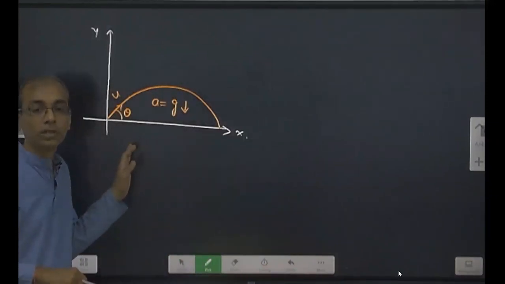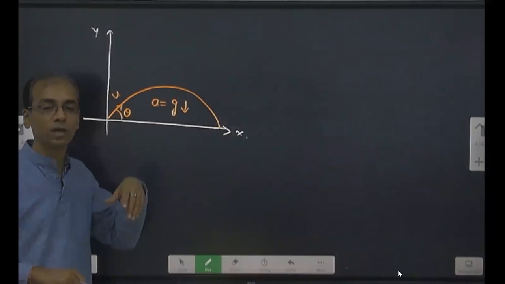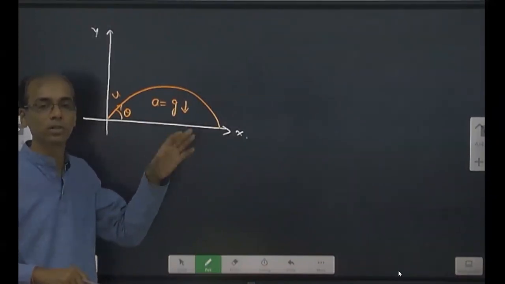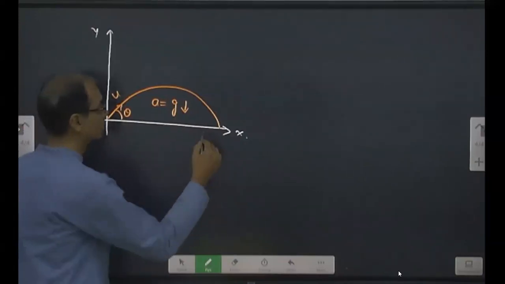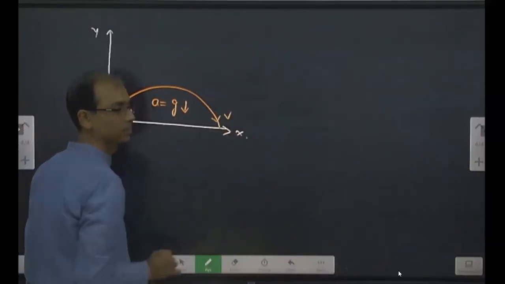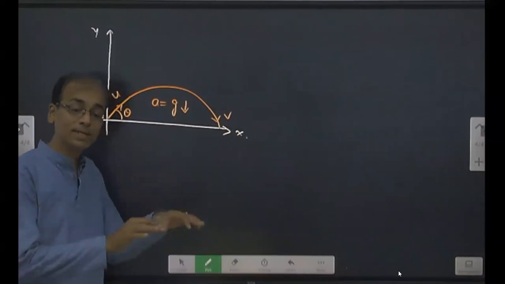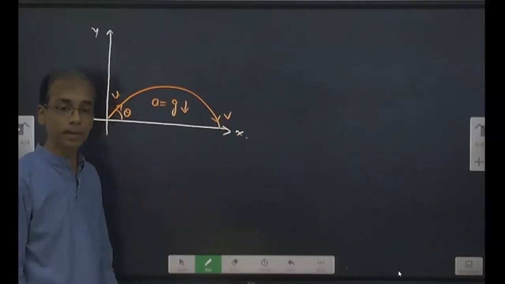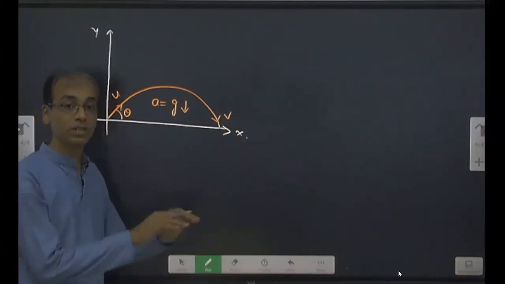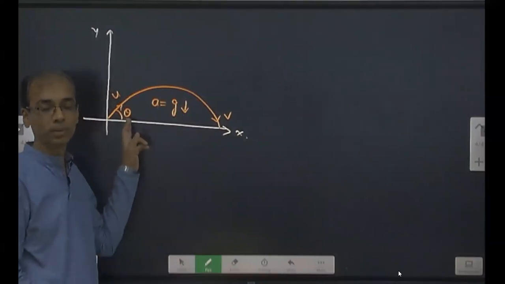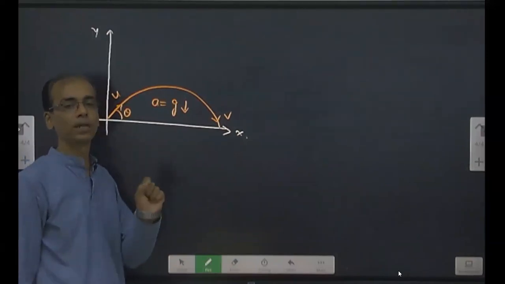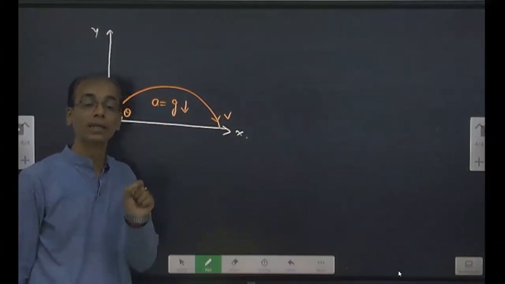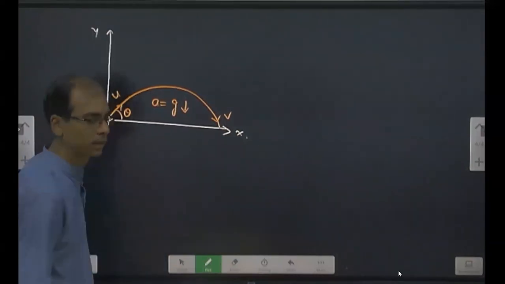Here, velocity is in some other direction. So what does acceleration try to do? It tries to bring the velocity in its direction. That's why, see, here velocity is downwards. Yes or no? Not exactly in the same direction, but it's downwards now. Earlier you threw it up, now it's down. So acceleration always tries to bring the velocity in its direction. Write that, okay?